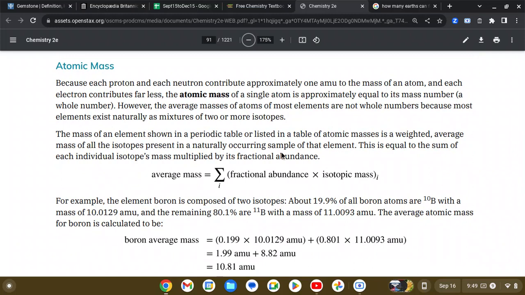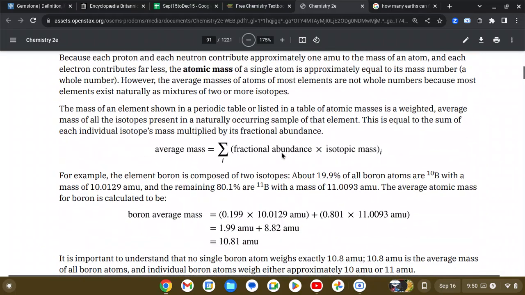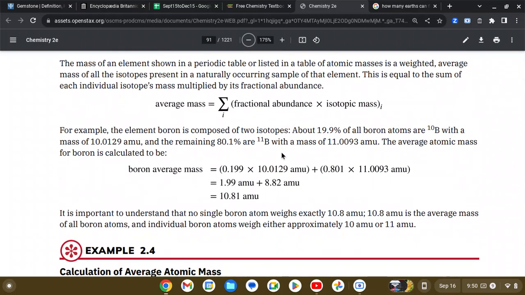Average mass equals the sum of the fractional abundance times the isotopic mass, for each isotope. So for example, the element boron is composed of two isotopes.